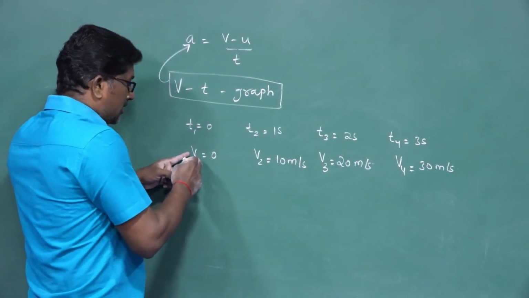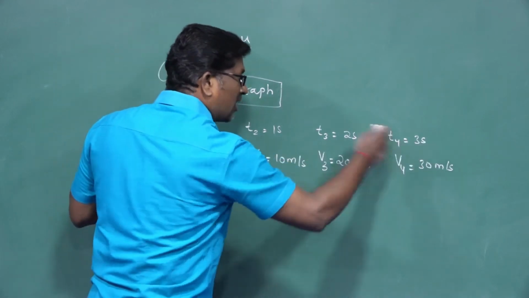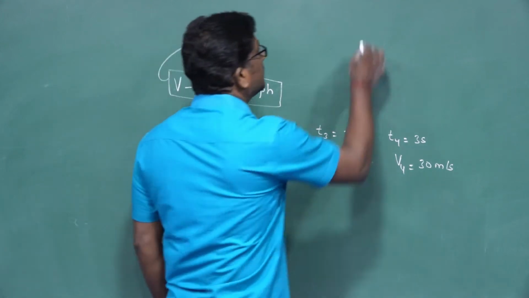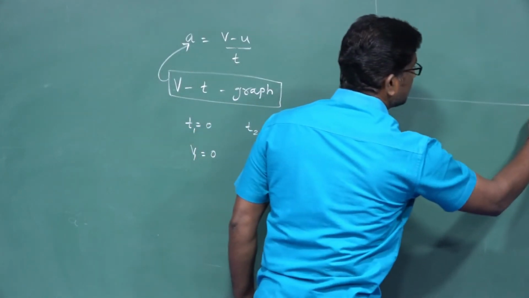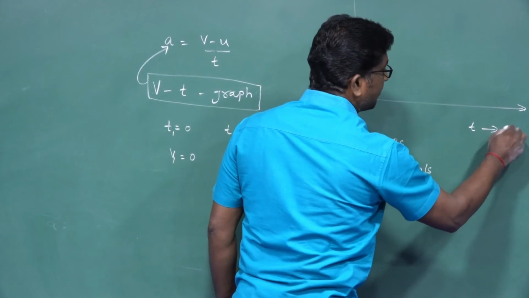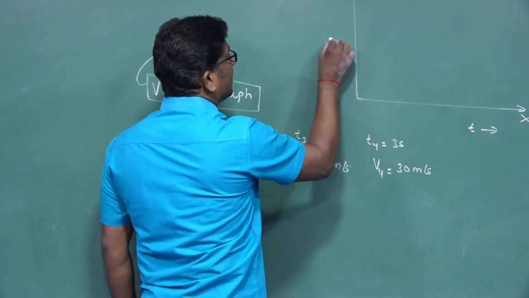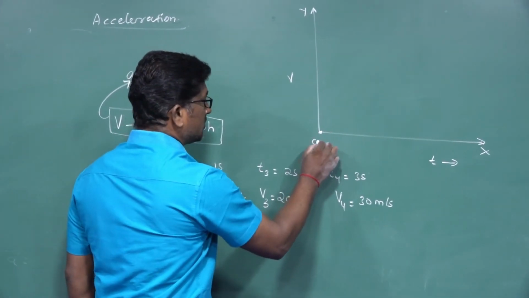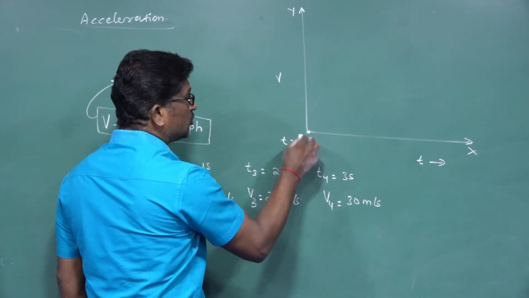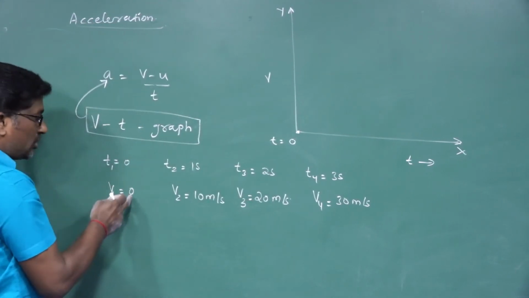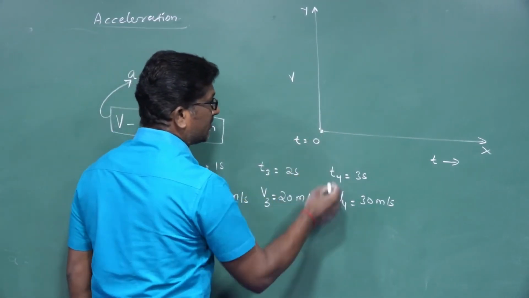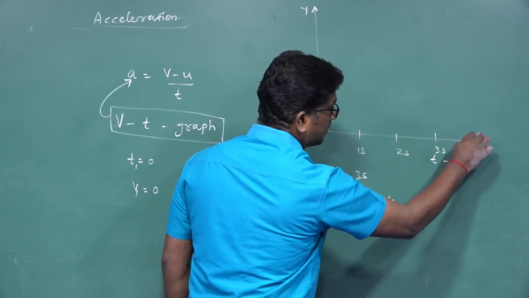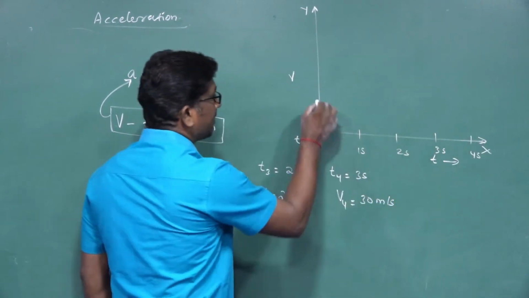Now, draw a graph by taking the time along the x-axis and the corresponding velocity along the y-axis. So this is 1 second, 2 second, 3 second and 4 second.